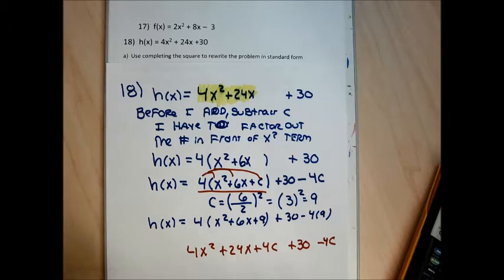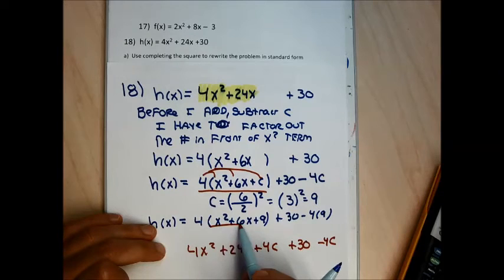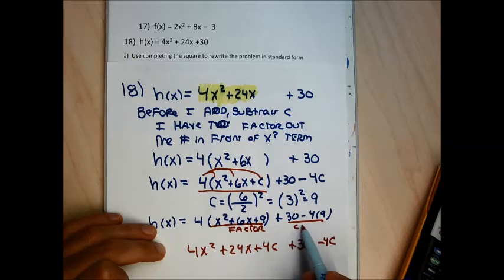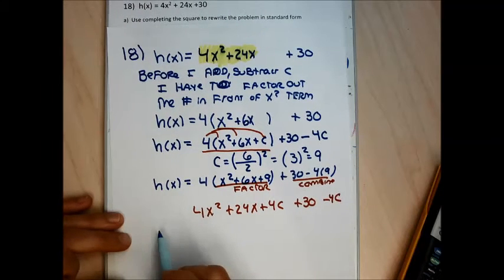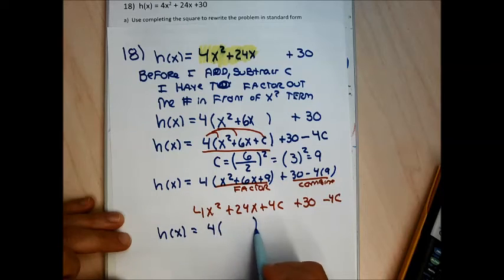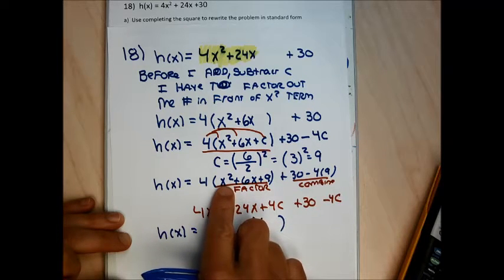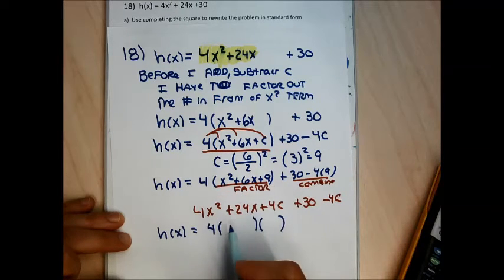Now, I'm going to ignore that 4. I'm going to factor these and combine these. When I do that, I'm going to get h of x equals 4, and then I'm going to factor these into two parentheses. x squared plus 6x plus 9 factors into x plus 3 times x plus 3.